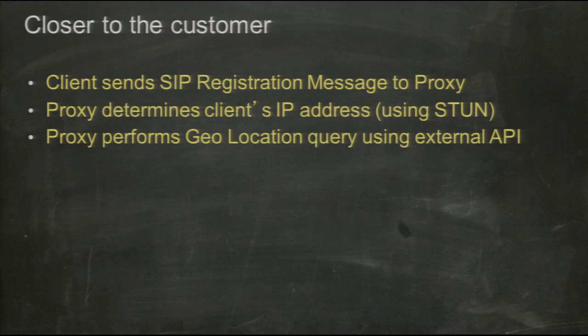By doing so, the proxy has all the knowledge on that specific registration event coming from the mobile client. And by doing a geolocation lookup for that IP address, the proxy can know where that client is located.